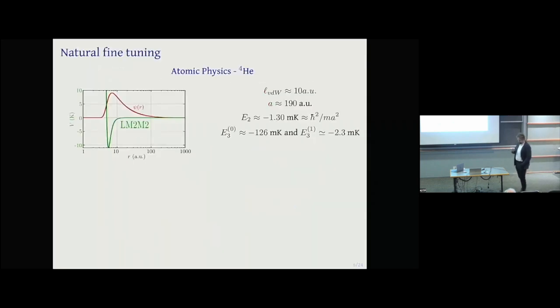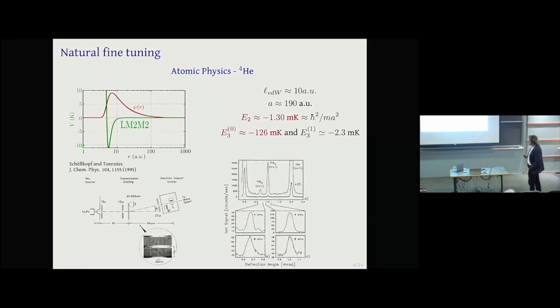And we just heard about helium-4. Helium-4 is the most natural candidate inside this universal window. This is more or less a reproduction of what has been shown before. I will go quickly because we have a lot to cover.